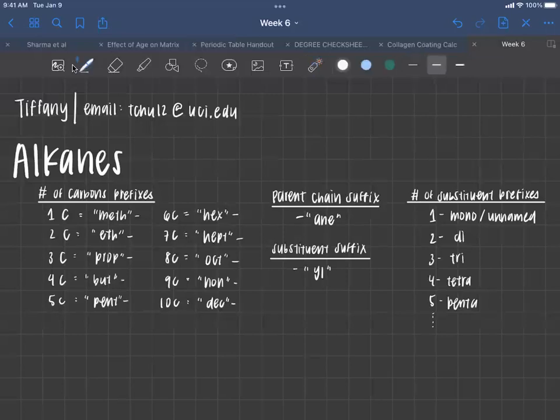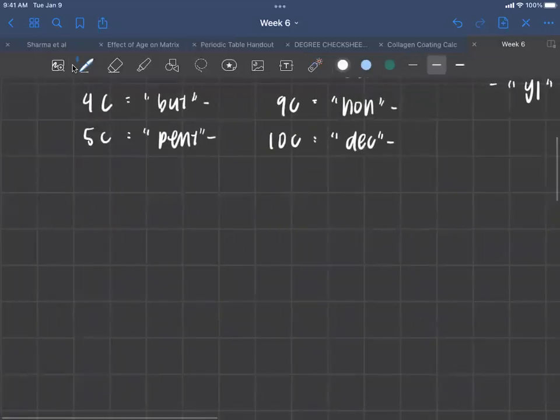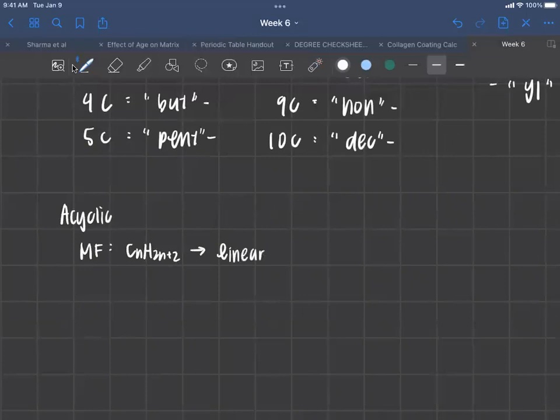So if we're dealing with acyclic, we have a molecular formula of CnH2n+2, and this is going to be linear or branched.